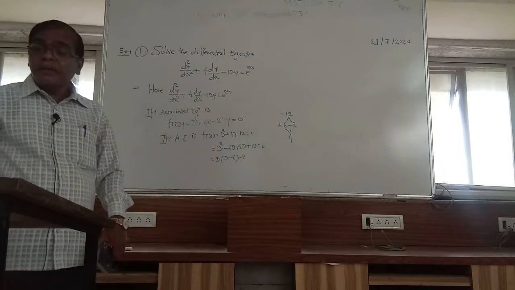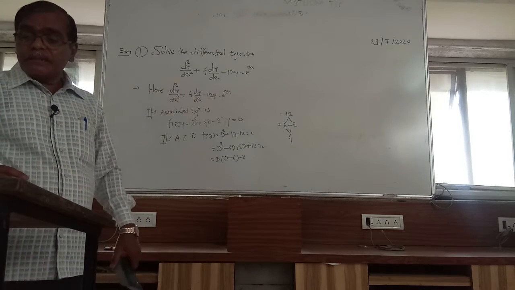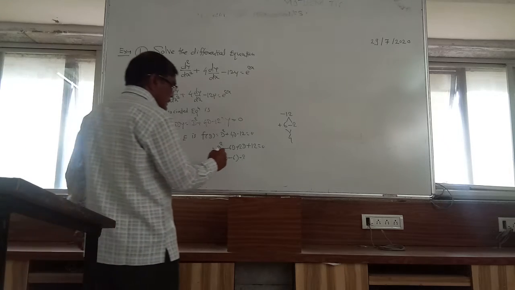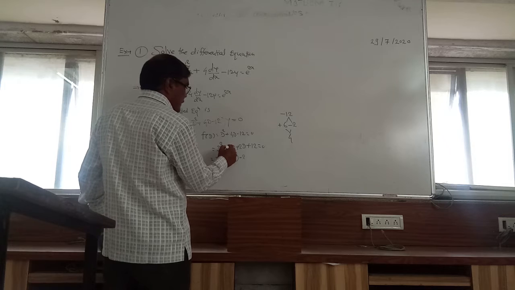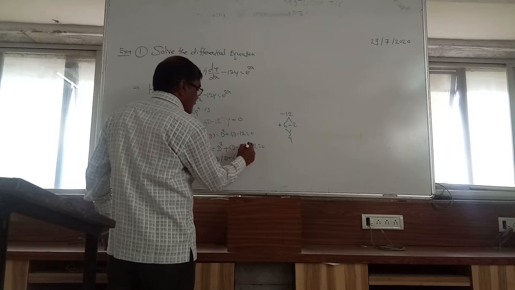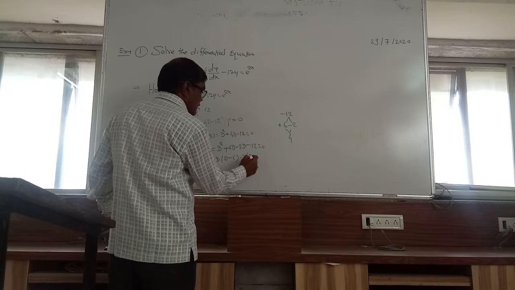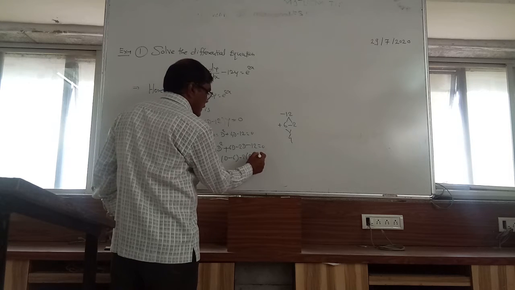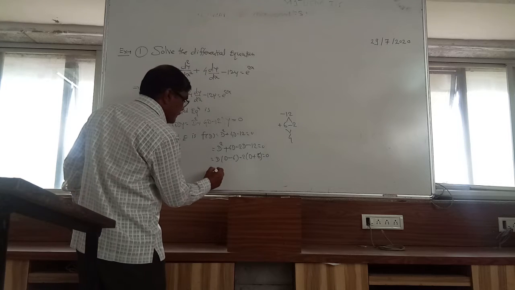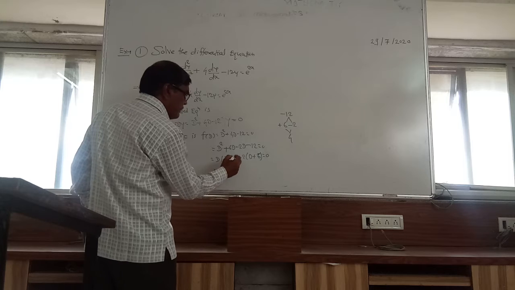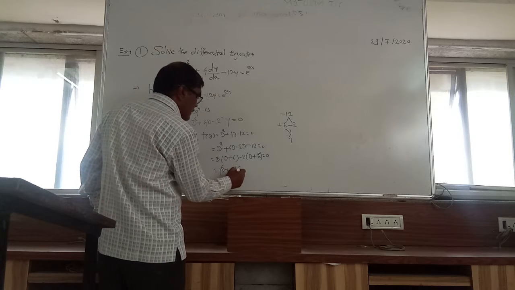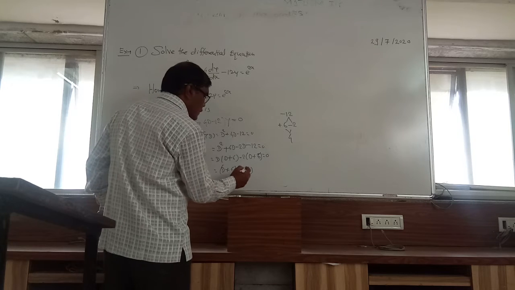The factors are D into D plus 6 minus 2 times D plus 6, is equal to 0, that is D plus 6 into D minus 2.